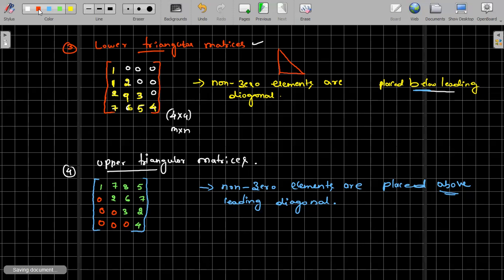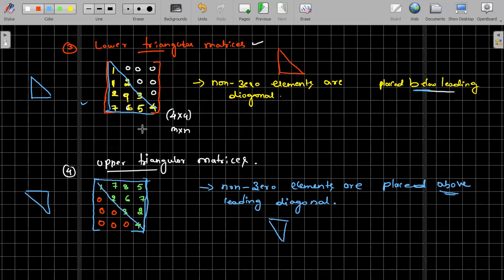So this is the lower triangular matrix like this, and this is the upper triangular matrix like this. So this is what we understand here: upper triangular matrices.